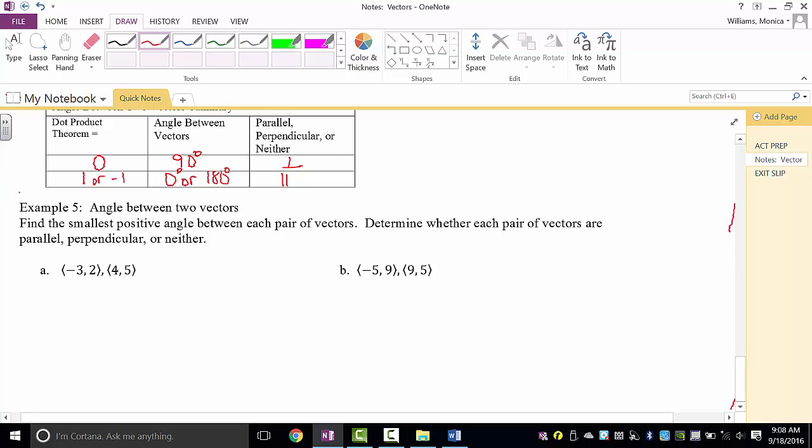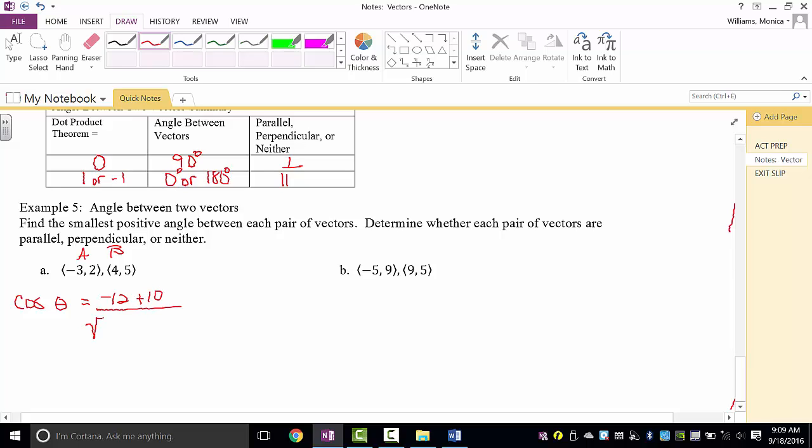Alright, so we're going to find the angle between vectors A and B, vector A and vector B. So we have cosine of theta, or alpha, or whatever letter you want to use. We do the dot product in the numerator, so I multiply my two x's, add it to my two y's.